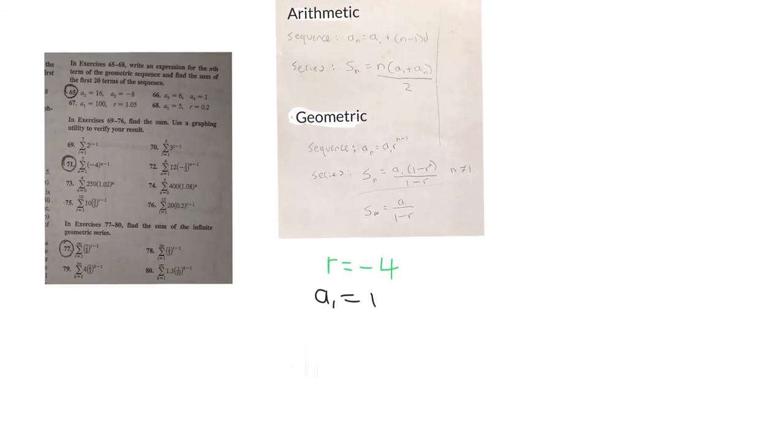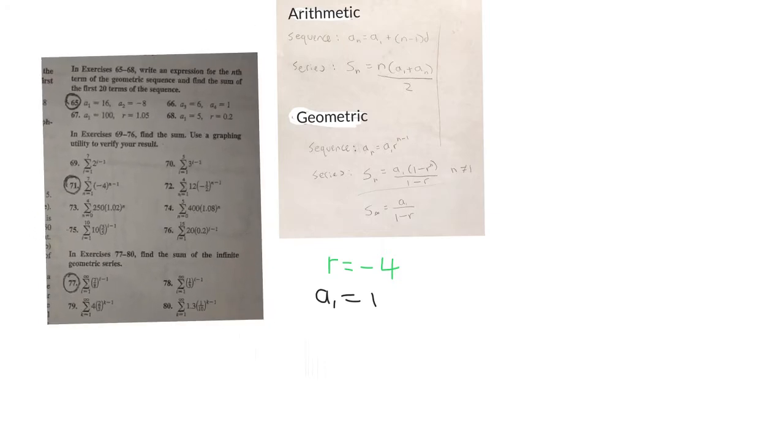So what we could do now is go ahead and just write our series formula with the understanding that we are looking for the first term all the way to the 7th term. So we're looking for the sum of the first 7 terms. What that means is when we write this equation right here, n is going to be 7, because n has to do with how many terms you are adding together.